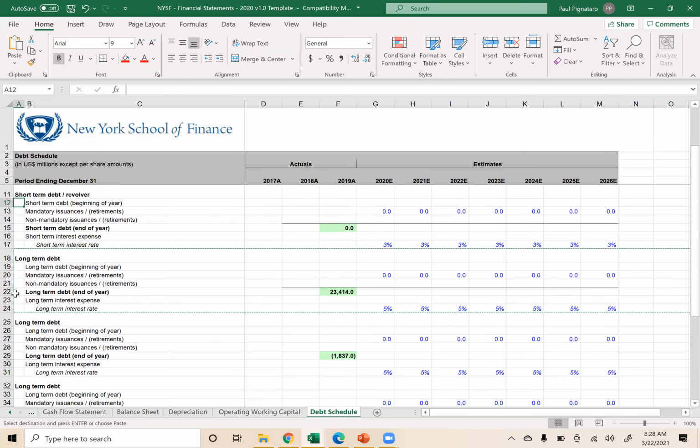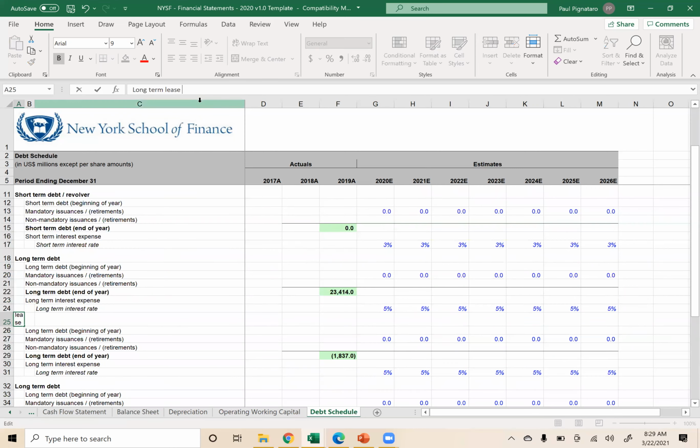And so we have short-term debt, long-term debt, we have long-term lease liabilities, okay? And you want to make sure that everything else, when you look at the individual line items within these sections, we have to change the names there too.